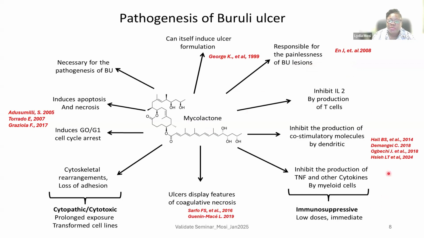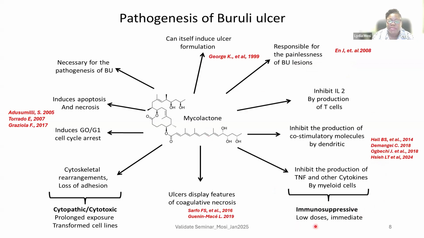A large group of researchers from the UK, University of Surrey, and in Belgium, from Caroline de Mangel's group and Rachel Simmons' group in Surrey, have also shown the immunosuppressive capabilities of mycolactone.